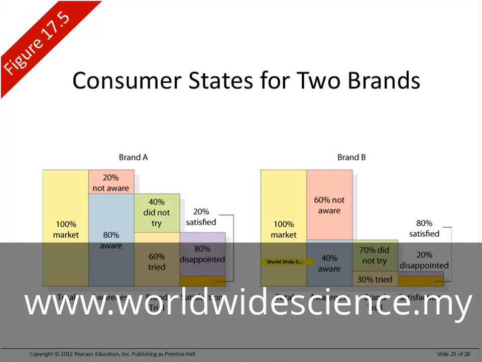They are aware of your product. 70% did not try yet, and they don't know about the features and benefits of your product, and 30% tried. Out of these 30%, 80% satisfied, and 20% disappointed. 20% they don't like.